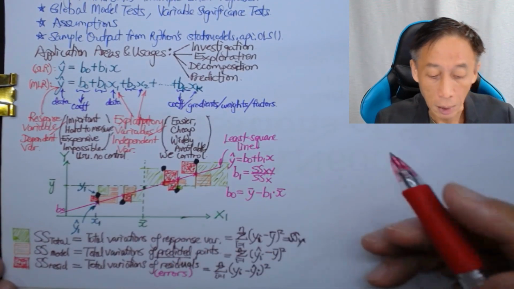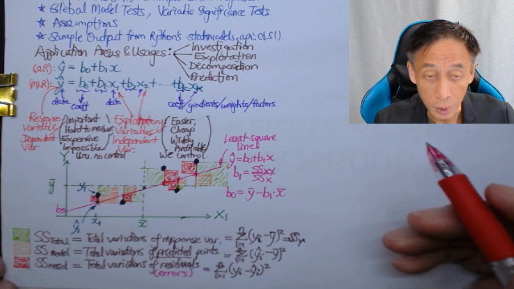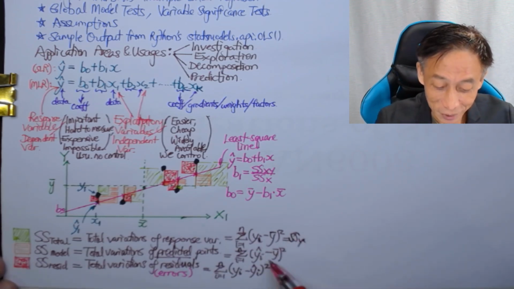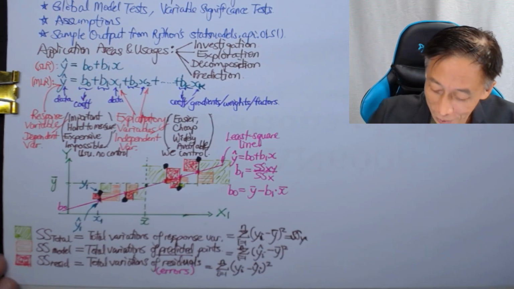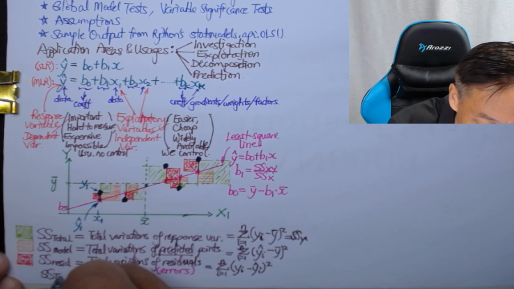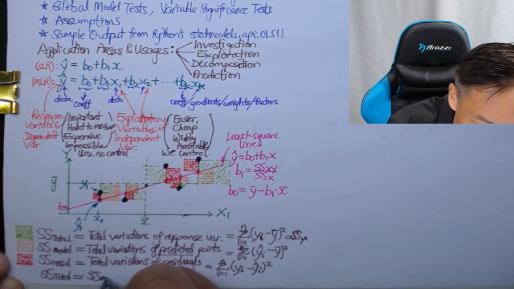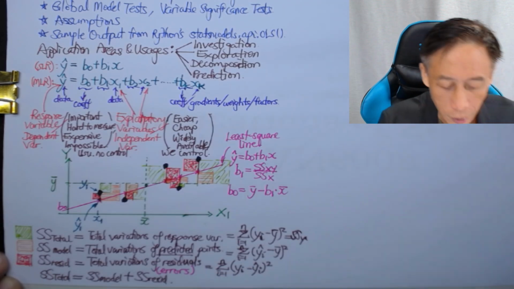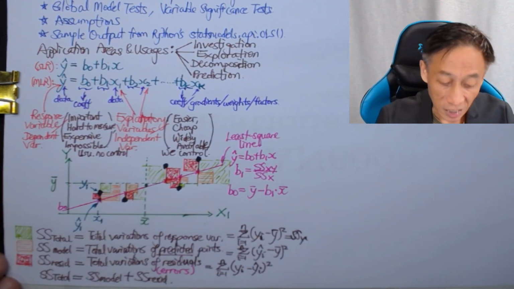Will be like this. Now, very importantly, after all these calculations, we need to understand that SS total, a bit like ANOVA, is SS model plus SS residual. So this is an equation.